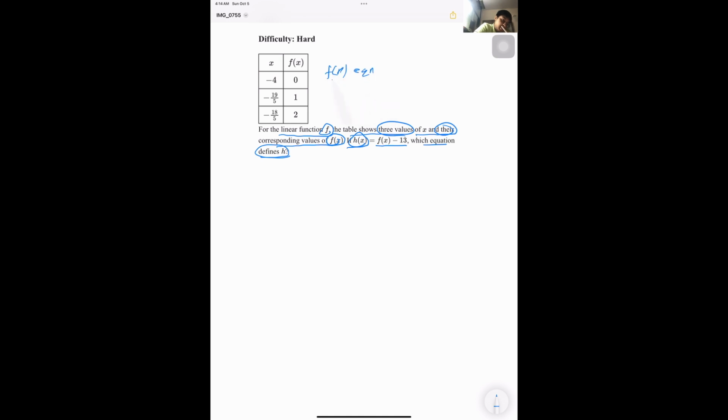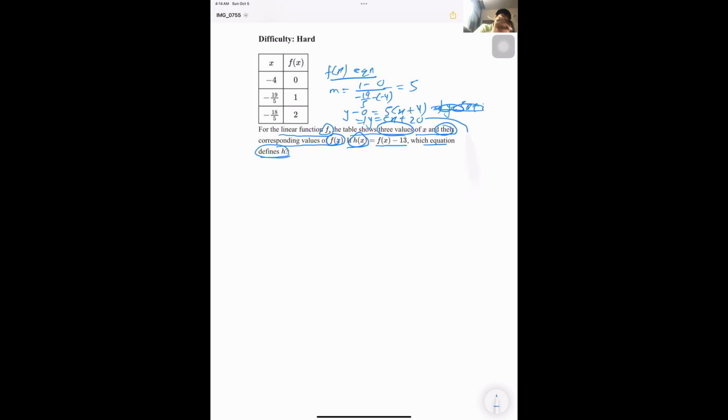The gradient is (1 minus 0) over (minus 19 minus 5) plus 4, which gives a gradient of 5, so the equation is y minus 0 equals 5(x plus 4), or y equals 5x plus 20.